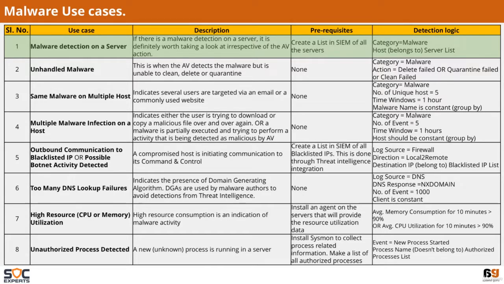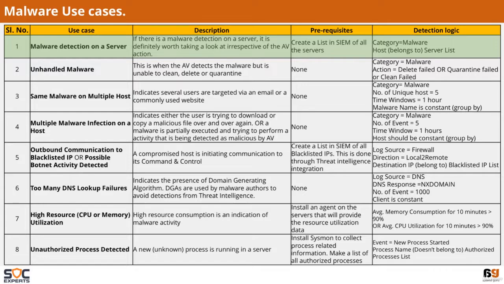Here obviously it is very important to look into any malware event that happens on a server, irrespective of the antivirus action. The prerequisite to create this rule is to create a list of all the servers in the network. The detection logic is that the category of the event should be malware and the host should belong to the server list that we had just created.